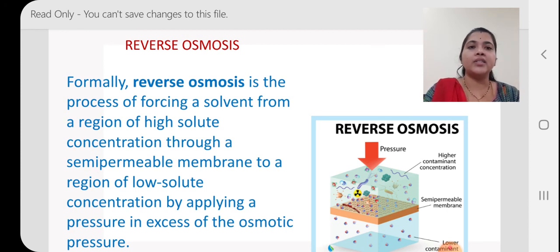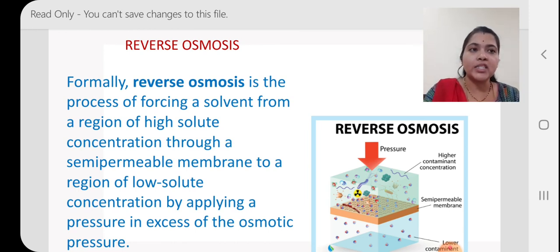It is the process of forcing a solvent from a region of high solute concentration through a semi-permeable membrane to a region of low solute concentration by applying pressure. Nowadays, we use reverse osmosis in machines available in the market, which filter salt water through three membranes.